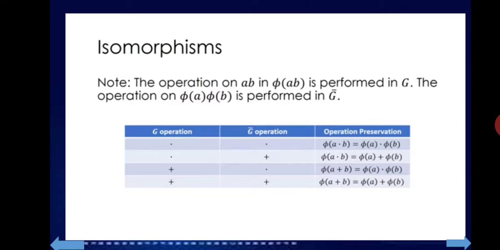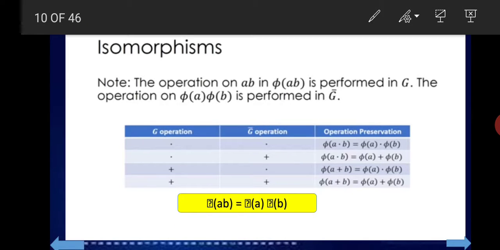Next, one thing to know here is that we are going to prove that phi of ab is equal to phi of a times phi of b.